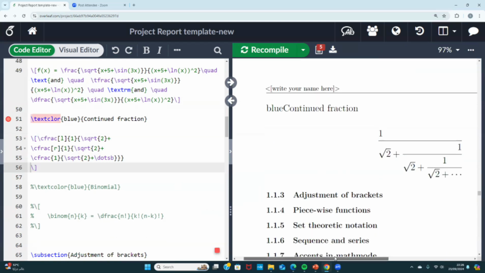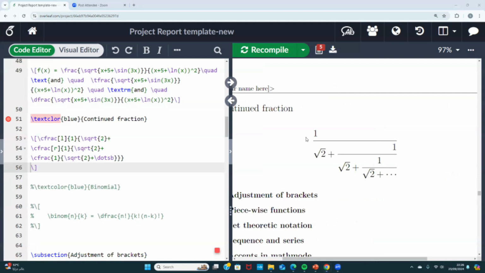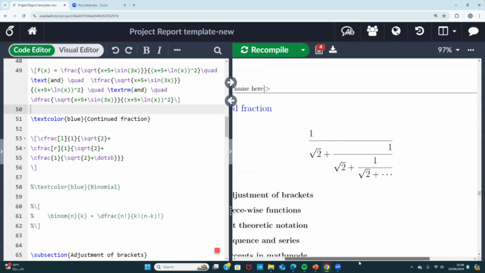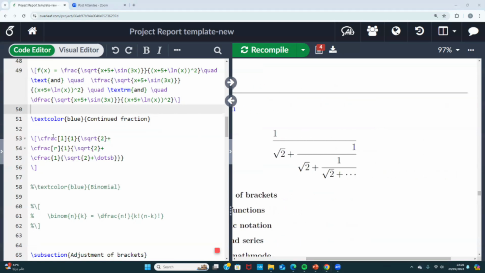It is coming like this. You see 1 over square root 2 plus 1. So it is the cfrac. The cfrac is this text color. The \textcolor{blue} code is given there, blue color. There was a spelling mistake, so it was showing an error. Now it's fixed, and you can see the fraction is given like this.